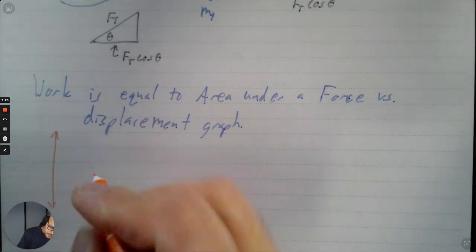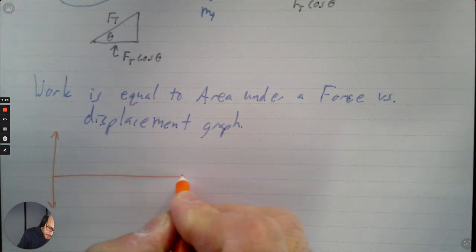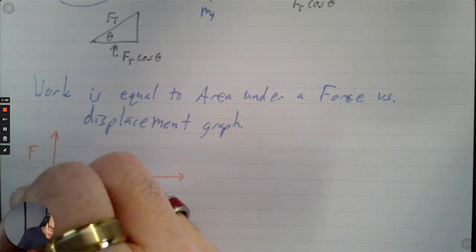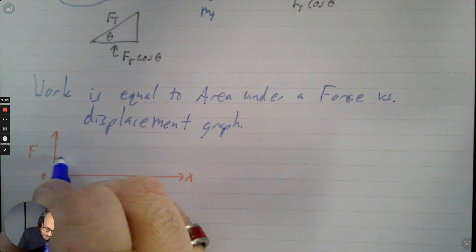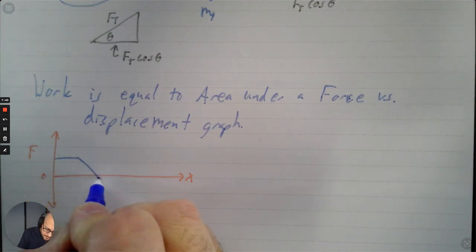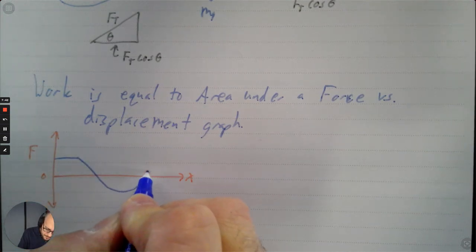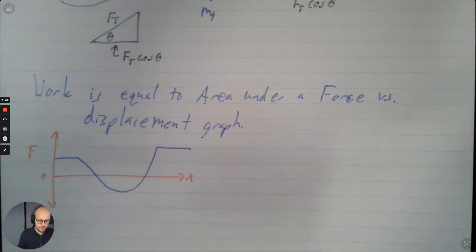Work can be done by any force, which means that work can be positive or negative. So if I have a force versus position graph and I have situations where this is happening, okay, so maybe that's my force versus position graph.